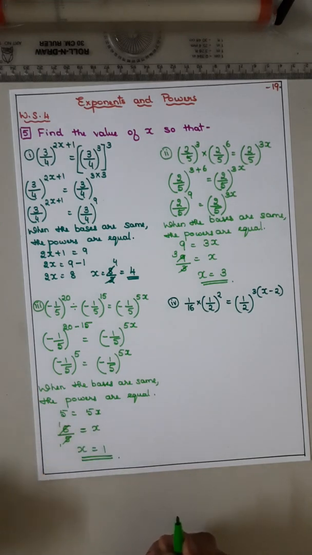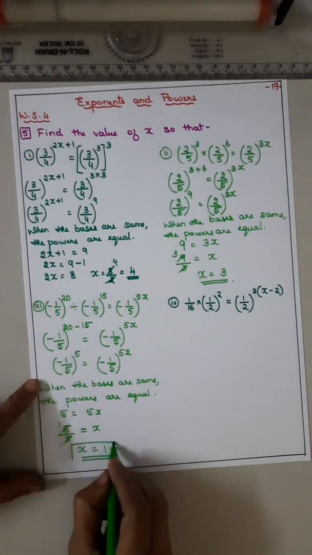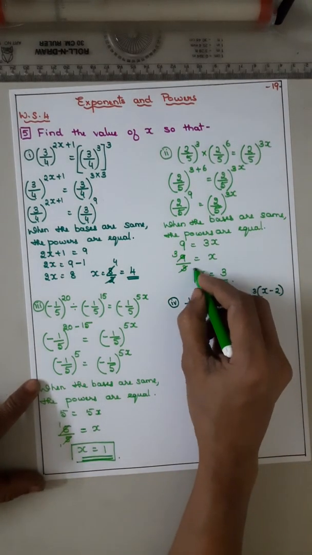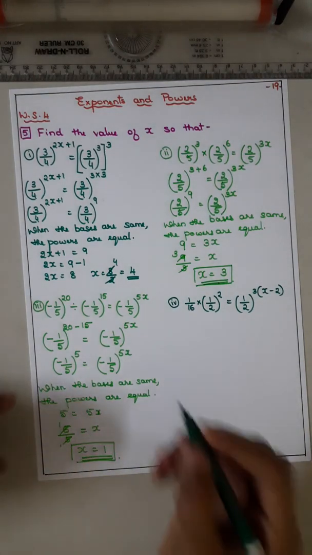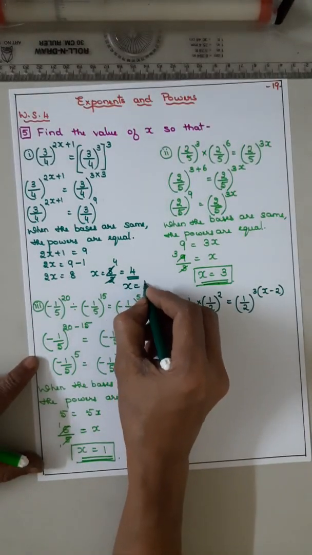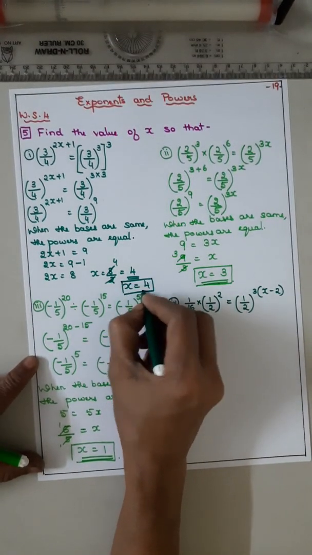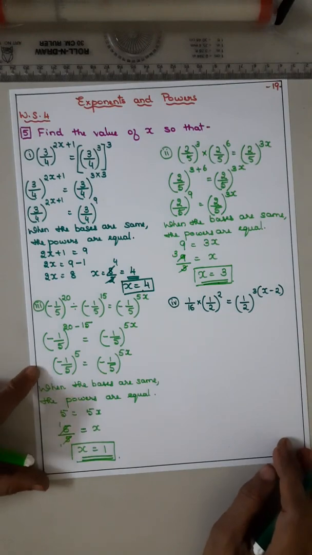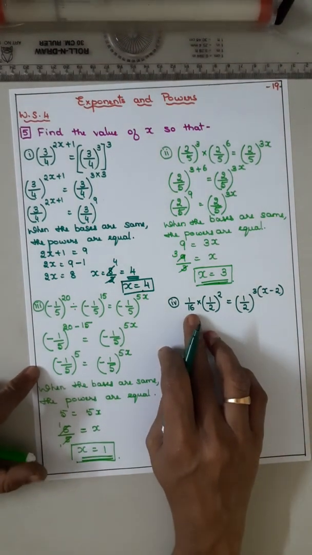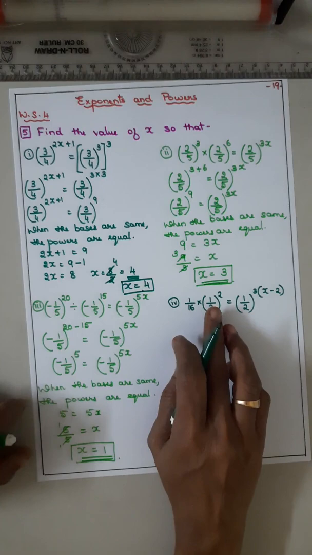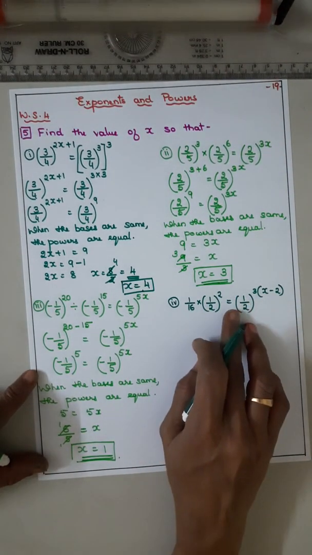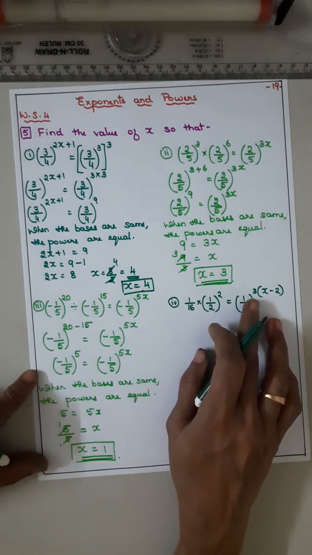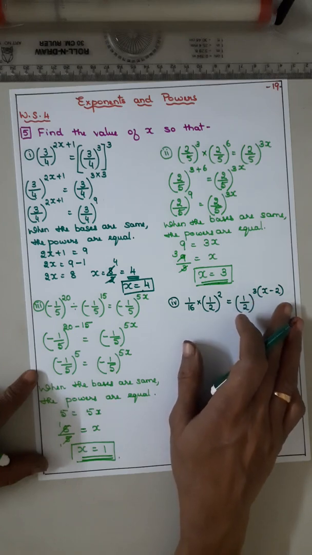Clear? Hope everyone is understanding. In the first one, it is x is equal to 4. Now the last sum, it is 1 by 16 into (1/2) raised to 2 is equal to (1/2) raised to 3 bracket x minus 2.